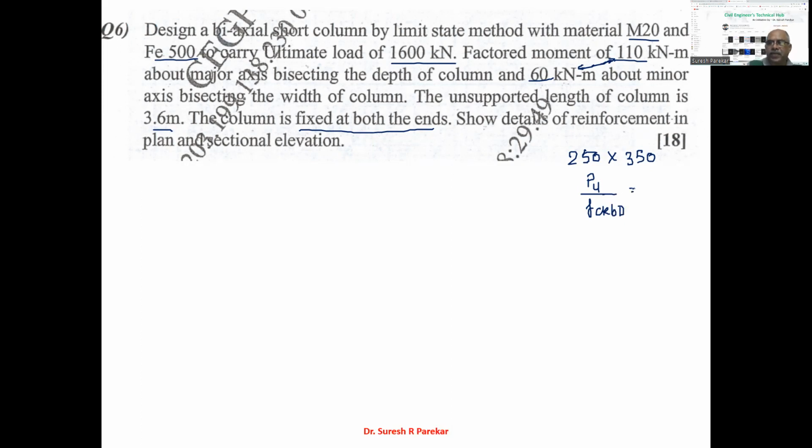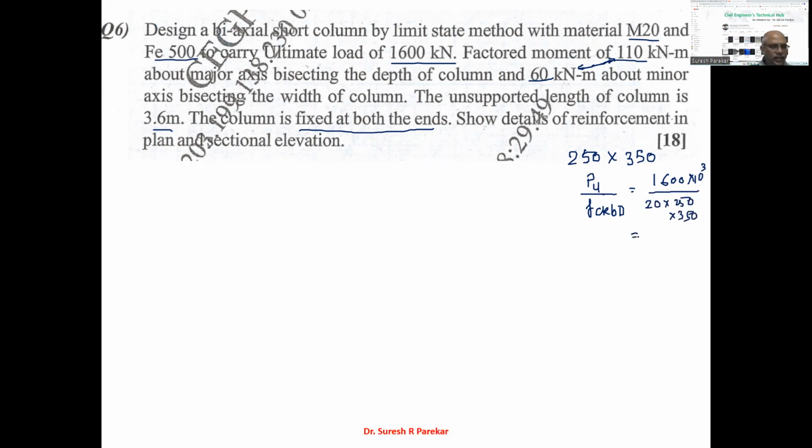So Pu upon fck bD, if I consider it, I have Pu as 600 into 10 raised to 3, divided by fck 20, b 250 and D 350.